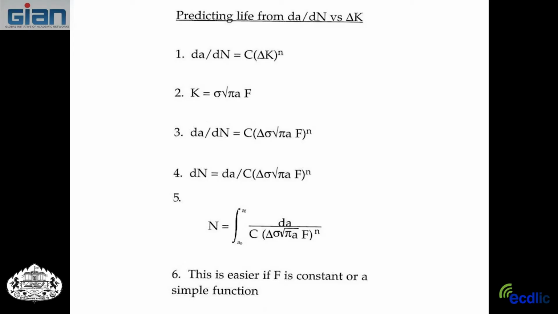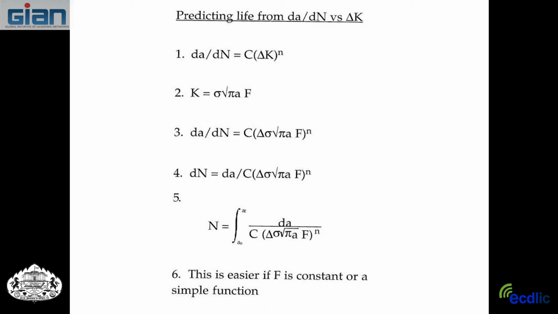Now, the second thing, once you know how to get critical crack size, is how can you calculate fatigue life? And we're going to do it using the Paris law. The other laws that I showed you yesterday are too complicated to use. So you have, again, the algorithm.